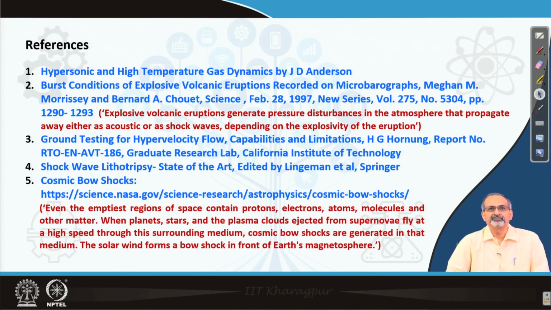This is the paper, and quoting one of the sentences from the paper, explosive volcanic eruptions generate pressure disturbances in the atmosphere that propagate away either as acoustic or as shock waves, depending on the explosivity of the eruption. A very important report from the Graduate Research Lab, California Institute of Technology, Ground testing for hypervelocity flow, capabilities and limitations, by Hornung.